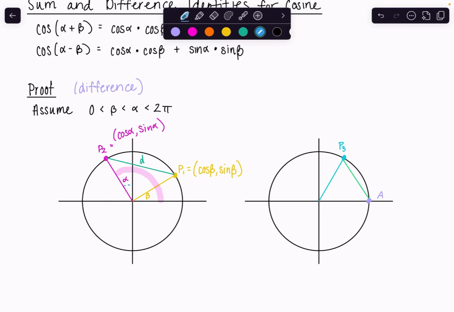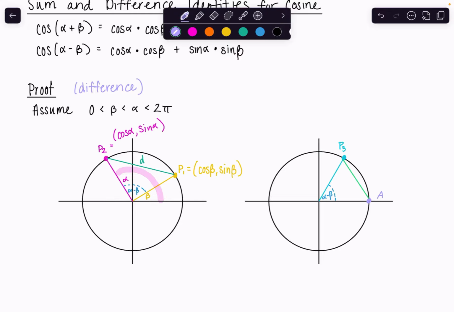So this angle in here would be alpha minus beta, which is that difference that I want, okay? So I'm taking this triangle and I'm moving it so that this side here is on the x-axis, okay? So this angle is exactly alpha minus beta, okay?